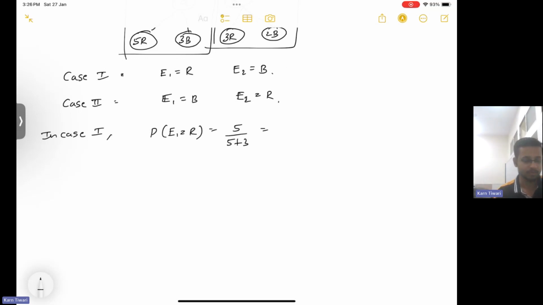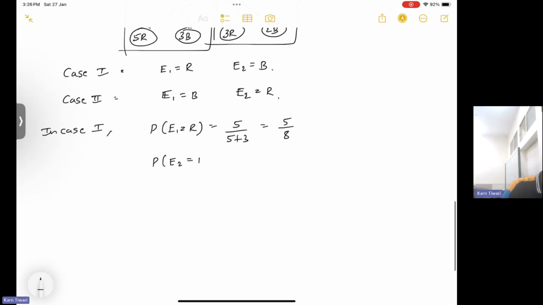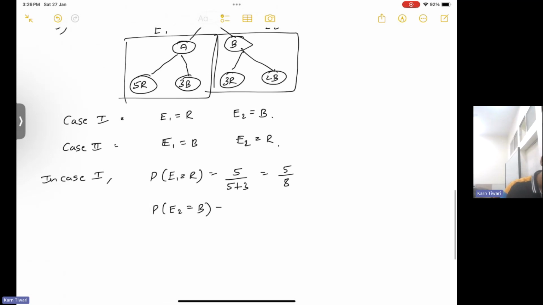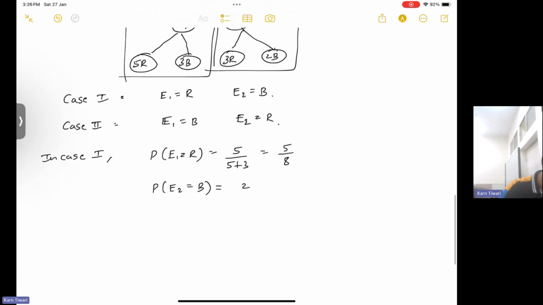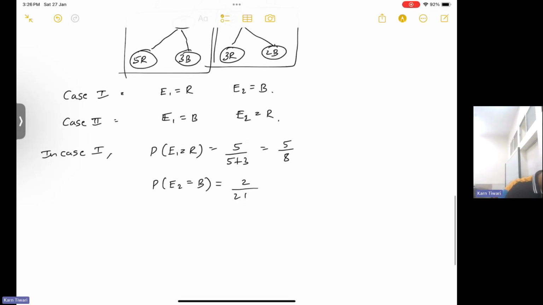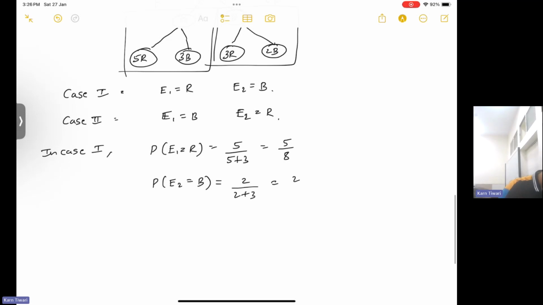So which is equivalent to 5 by 8. Similarly, probability of E2 equal to blue, similar thing what we did. This time we need a blue. So it will be 2 divided by 2 plus 3. That is 2 by 5.